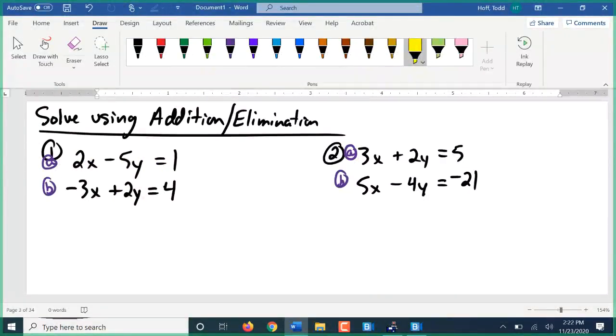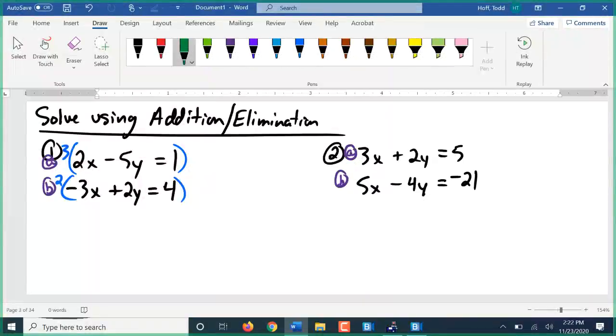However, in the first one here, there's nothing that's going to be eliminated if we just add the equations. So I am going to eliminate the x, since my greatest common multiple there between 2 and 3 would be a 6. And 1's already negative, so I'm going to multiply the top equation by 3, bottom equation by 2.